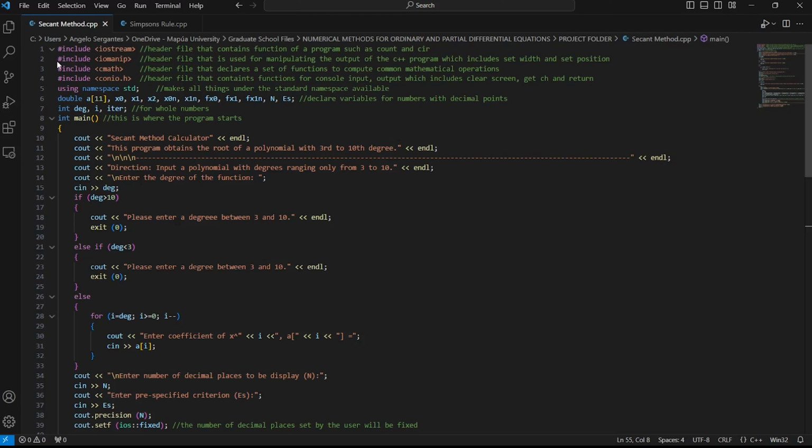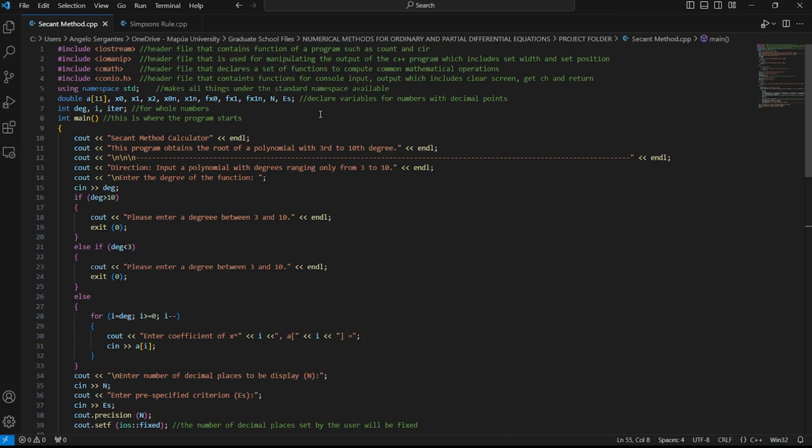Next is #include iomanip, the header file used for manipulating the output of C++, which includes set width and precision. Next is #include cmath, the header file that declares functions to compute common mathematical operations. And #include conio.h, the header file that contains the console input output functions, which includes clear screen and get character. Using namespace std makes all names under the standard namespace available.